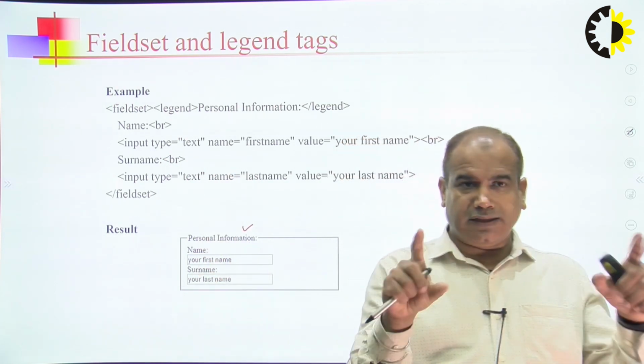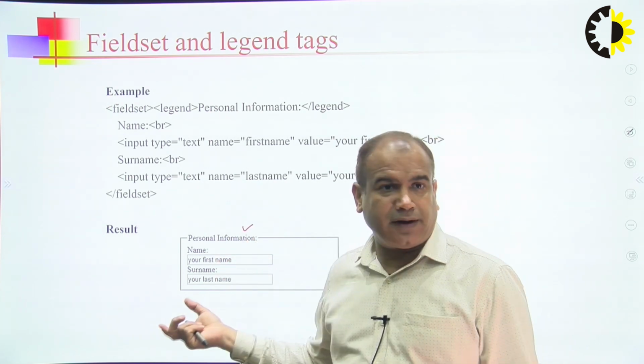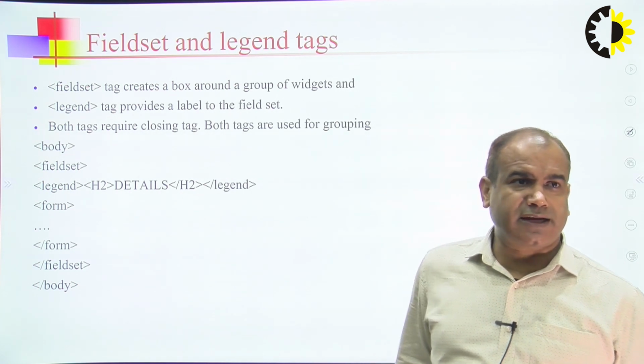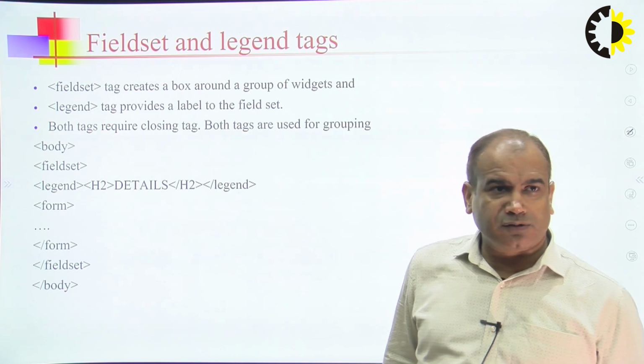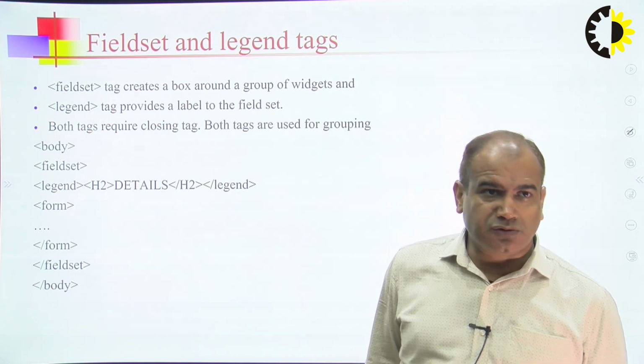As you will see in Gmail, we group the elements. Same here, we can group elements using fieldset and legend. The fieldset tag creates a box around a group of widgets, and the legend tag provides a label to the fieldset. Both tags are required, with closing tags, and both are used for grouping.